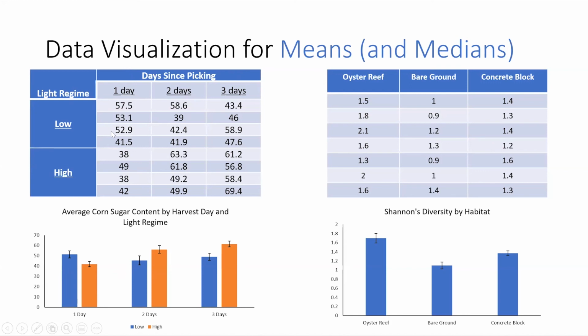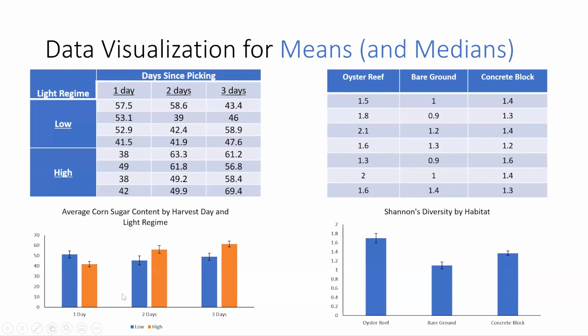We're looking at the means of each of these groups and their standard errors. So we've got day 1, low versus high, day 2, low versus high. And this is really useful for looking at, is there an interesting interaction between day of picking and high versus low?